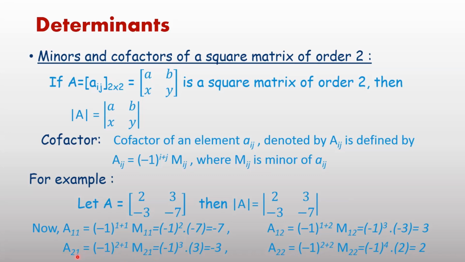Similarly, A21 is -3, and A22, after solving, we will get. In this pattern we can find minors and cofactors of a matrix or of a determinant of order 2 by 2.